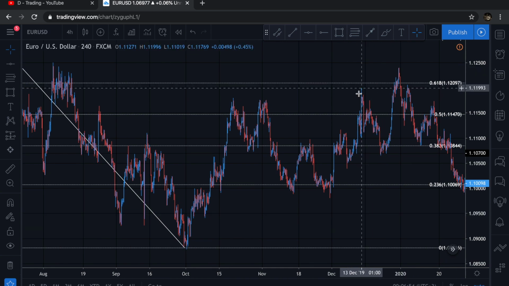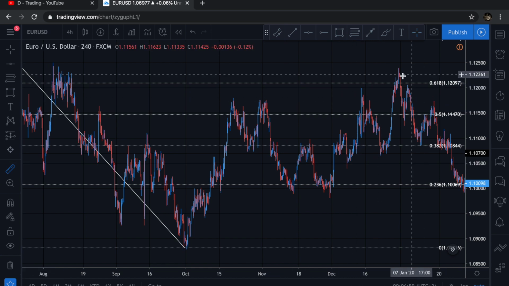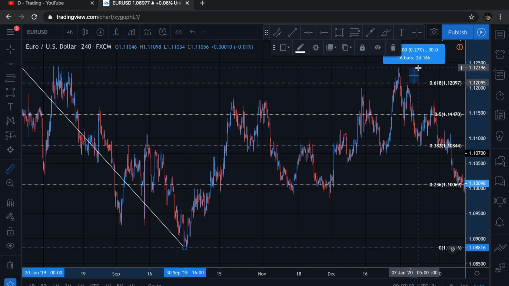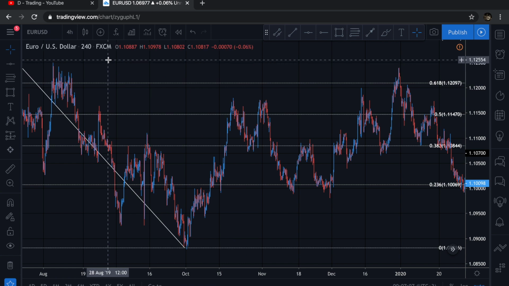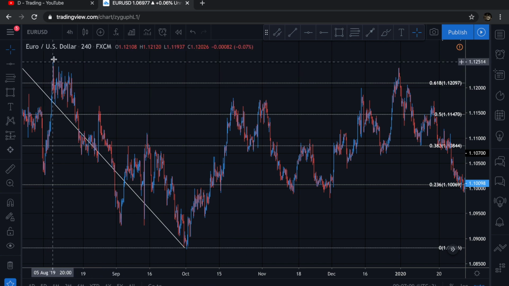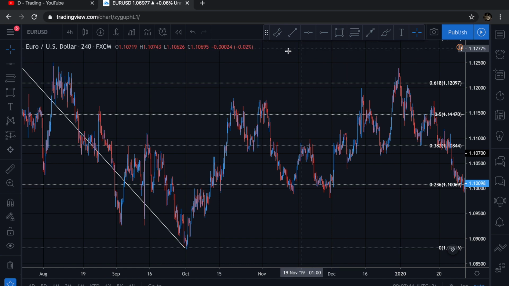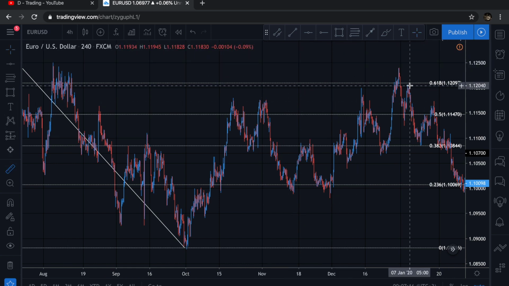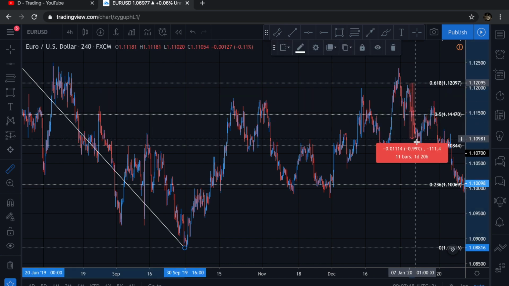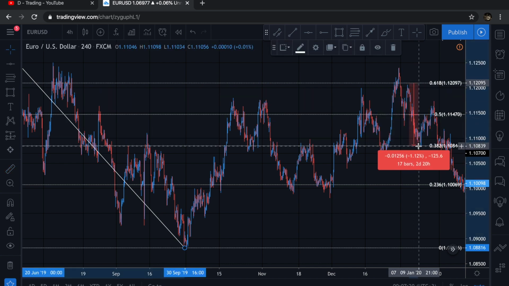It came really close here, and if you didn't enter here, you would have entered here. You would have gone into loss for 30 pips, which is not bad. And I would have placed my stop loss right here above this high. So if the market touches that, I would just get stopped out of the market. But anyways, if you entered here and you exited at 38.2, 125 pips.